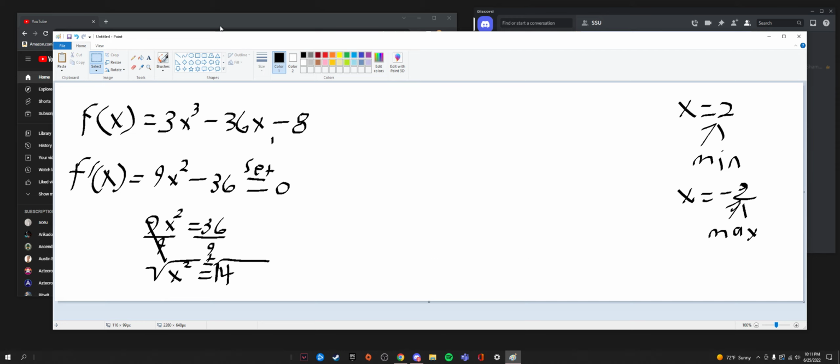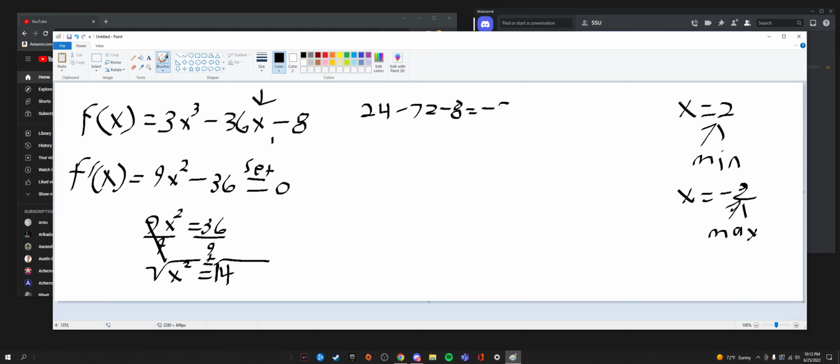That's pretty simple. We just plug in 2 into our original function, not our derivative. So plugging in 2, 2 cubed is 8 times 3 is 24, so we have 24 minus 72 minus 8. And this gets us minus 56.